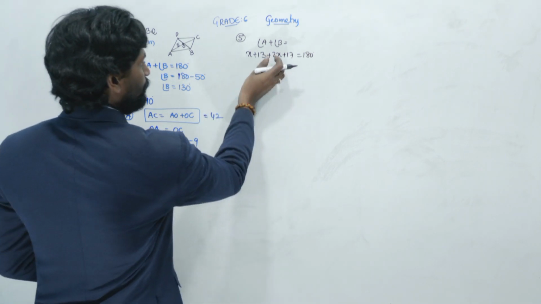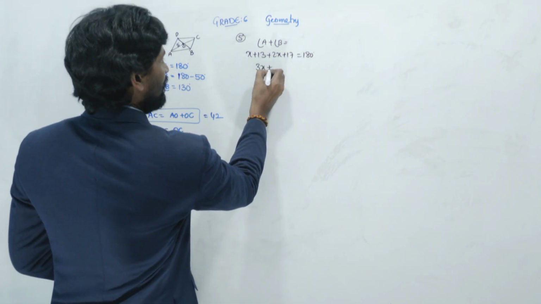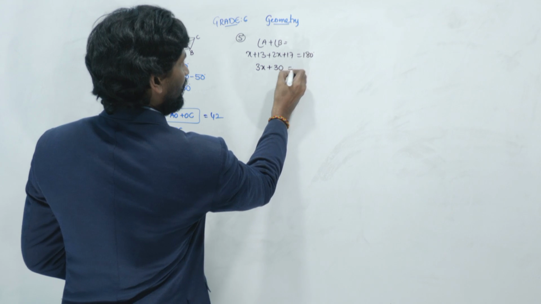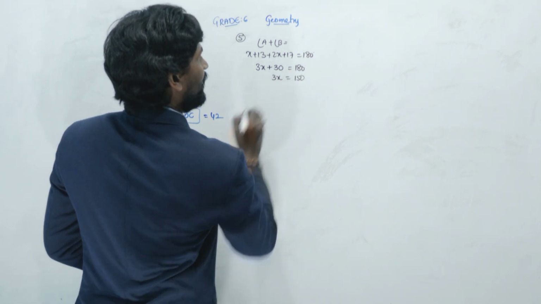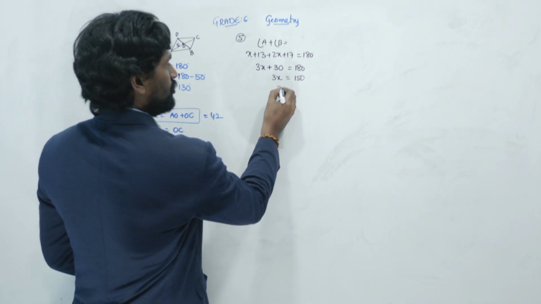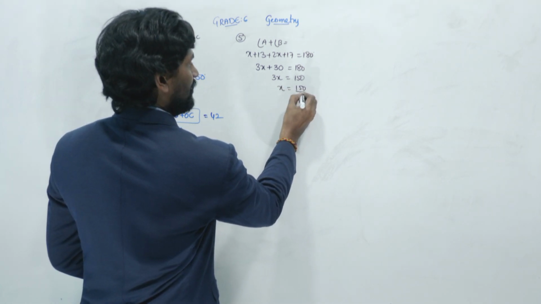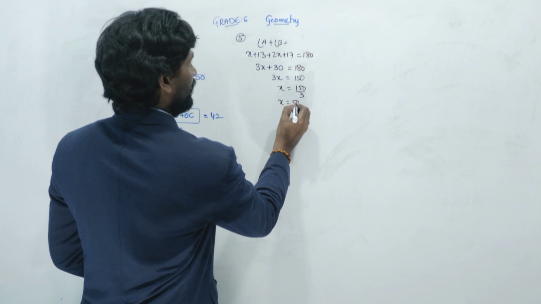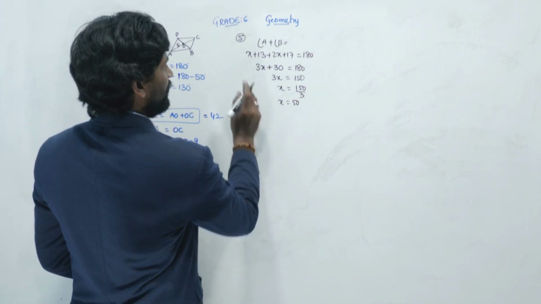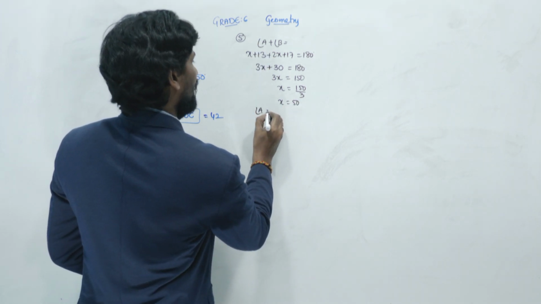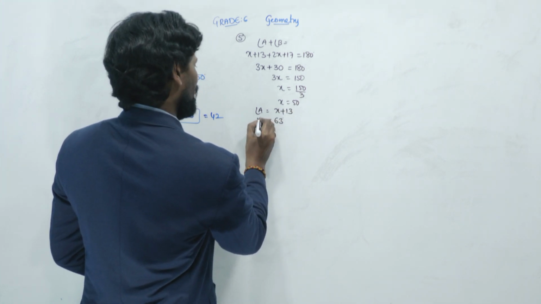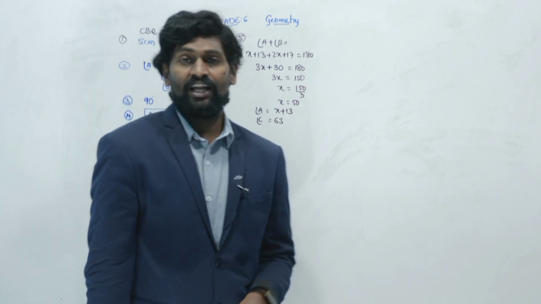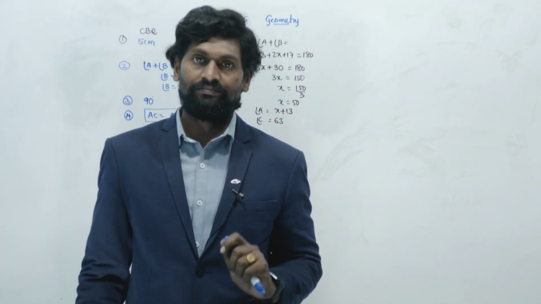Now x plus x is 2x, and 13 plus 17 is 30. So 2x plus 30 equals 180. Transposing, 180 minus 30 is 150, so x value is 50 degrees. Therefore, angle A is 50 plus 13, which is 63. Angle C is also 63, because in a parallelogram opposite angles are equal.